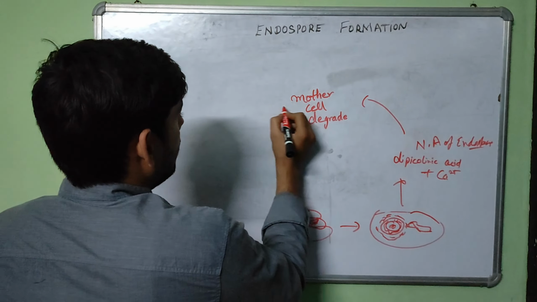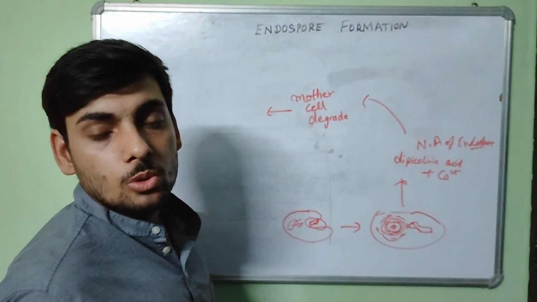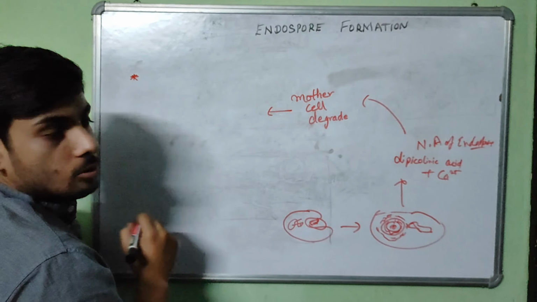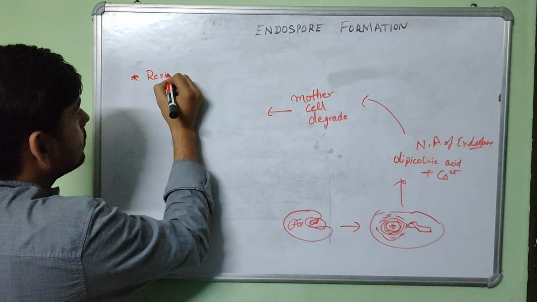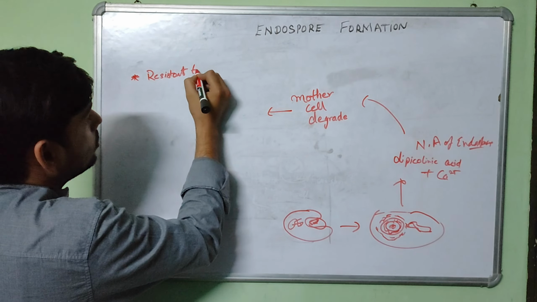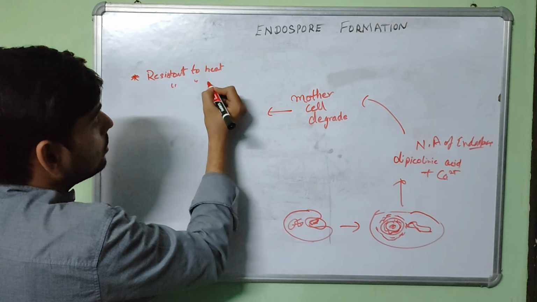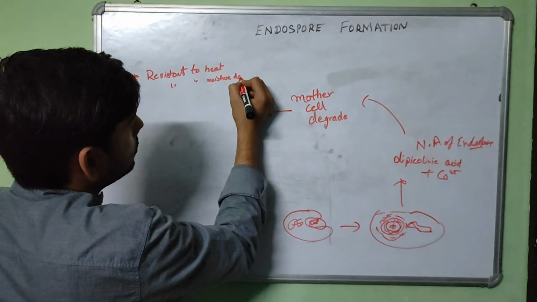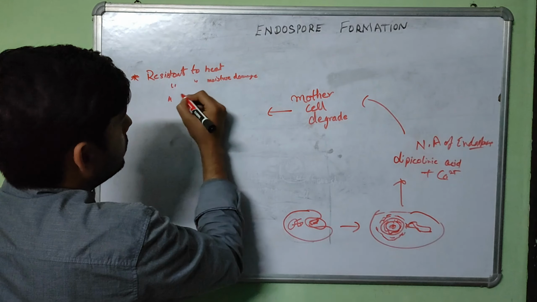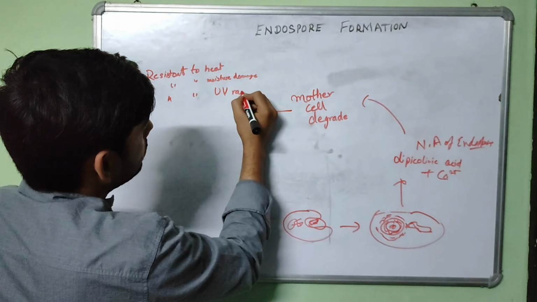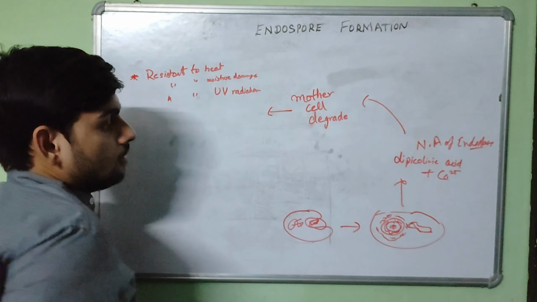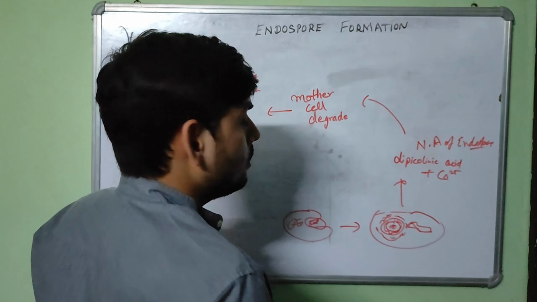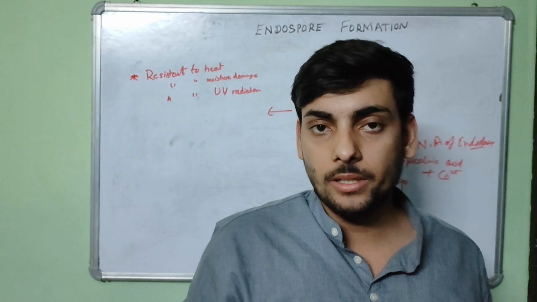Now before closing this lecture, you should know what the properties of endospore are. The first property is that it is very resistant to heat, resistant to moisture damage, resistant to UV radiation, and as the endospore is getting formed, it is going to go into a dormant state.